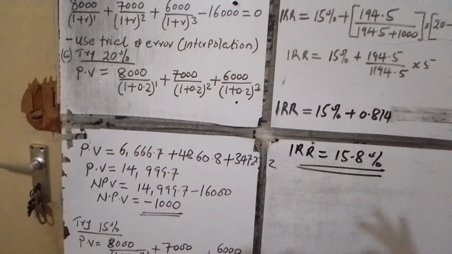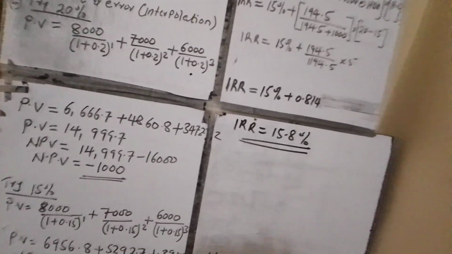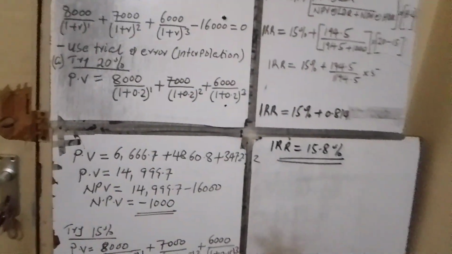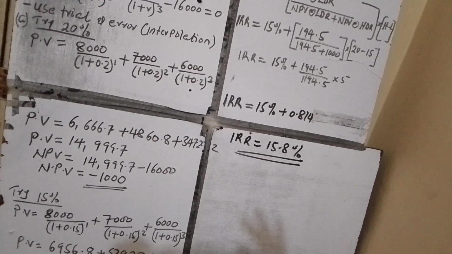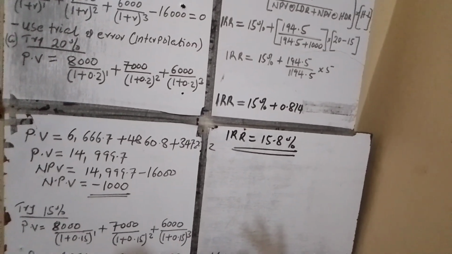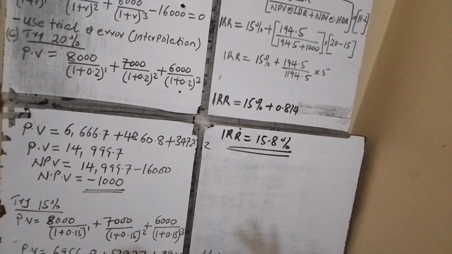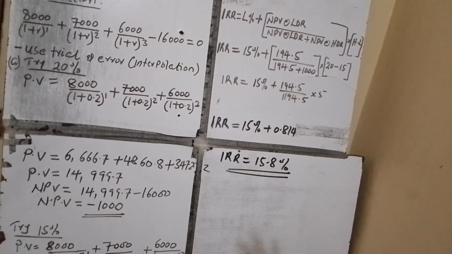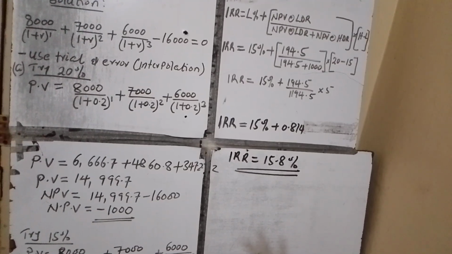If you do your calculation, you take 8,000 over 1 plus 0.2 raised to 1, plus 7,000 over 1 plus 0.2 raised to 2, plus 6,000 over 1 plus 0.2 raised to 3.